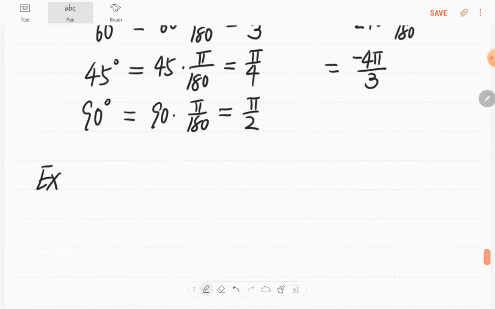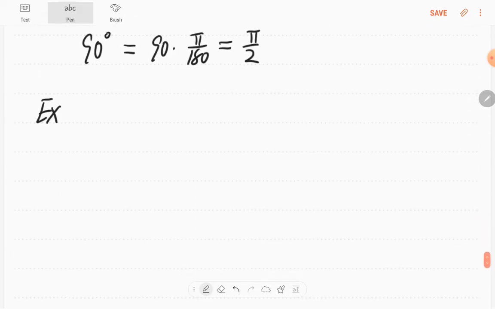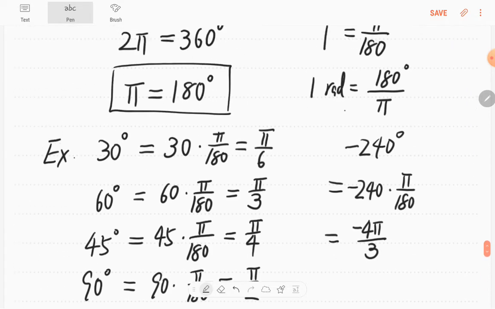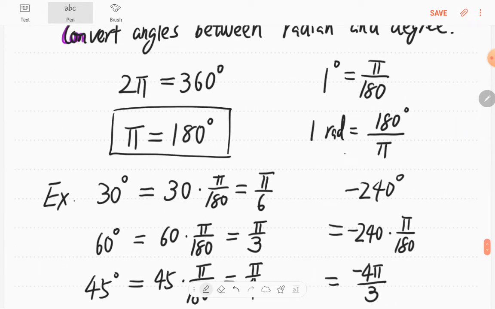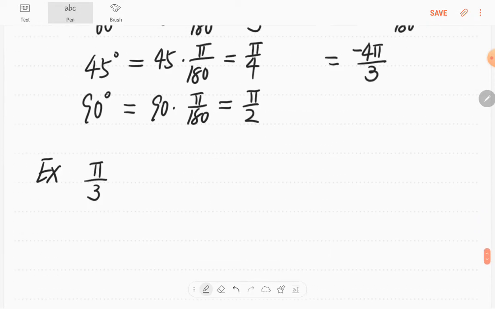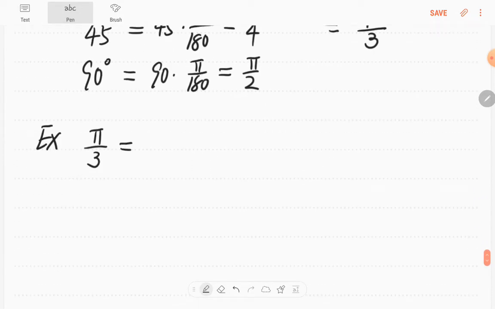Let's have pi over 3 radians. Each radian is 180 divided by pi degrees.